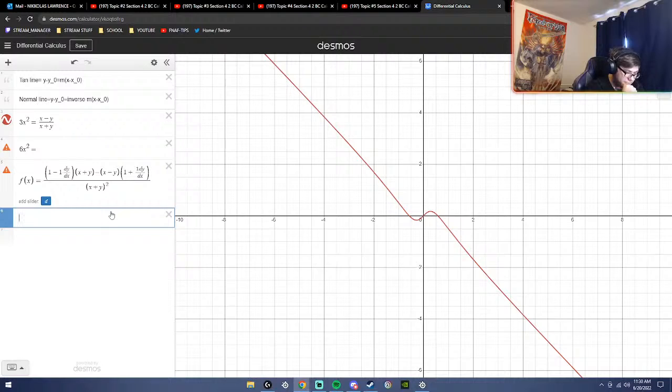So 1 times x would just be x, and then plus y. And then negative dy dx would be negative x dy dx, and then minus y dy dx. Let's make this all into one function.